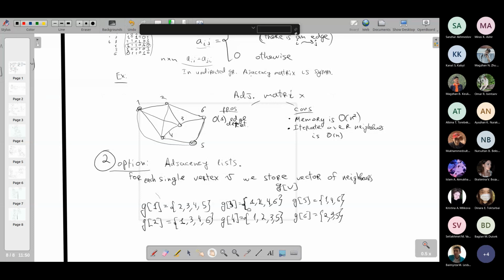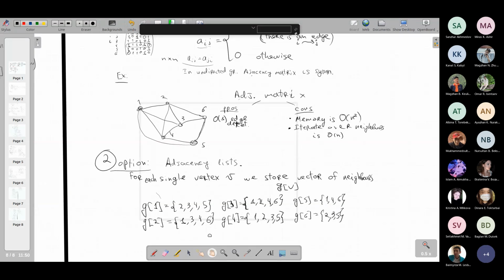So for each vertex, we store the neighbors of that vertex, and that is enough for everything in the graph. We can restore any information from this, right?